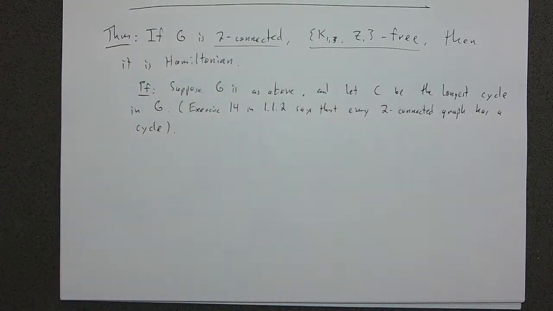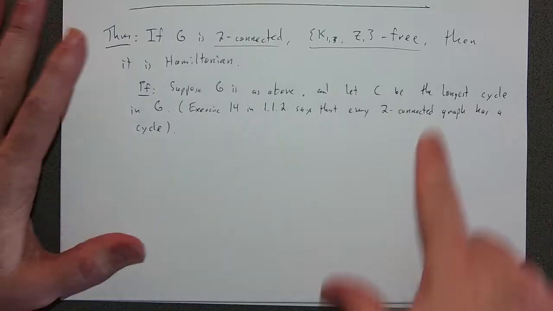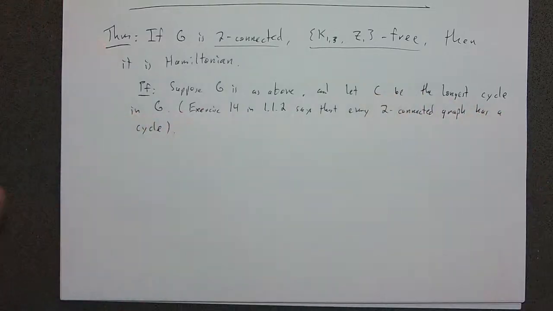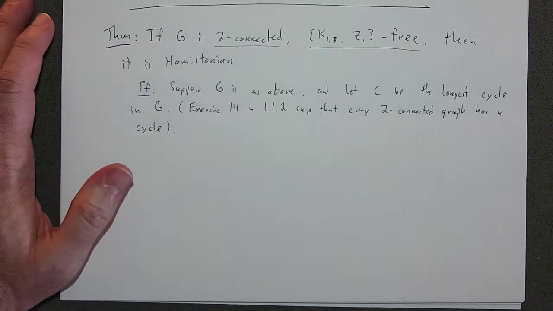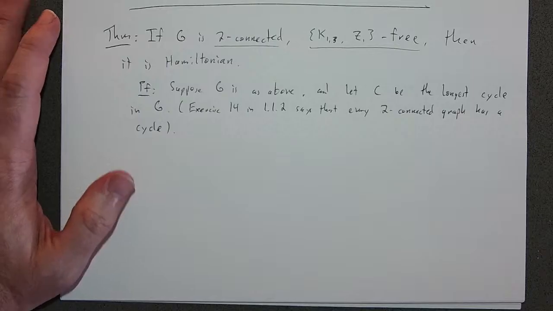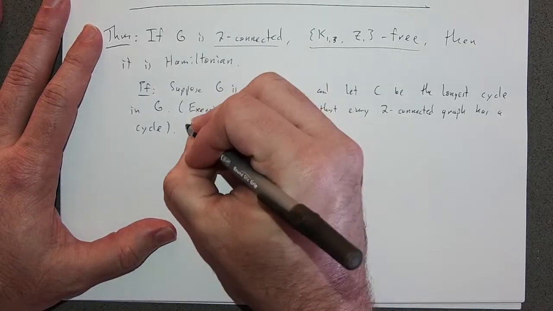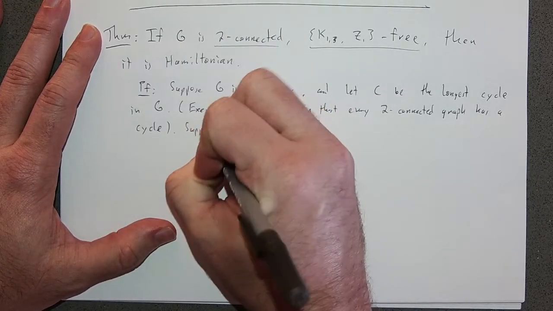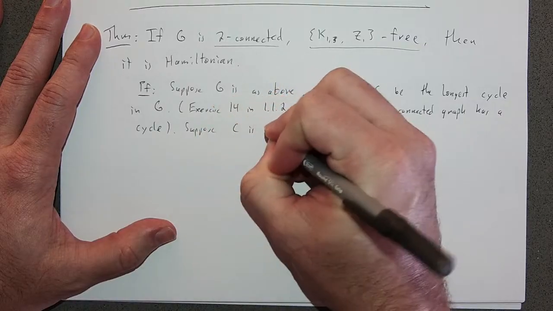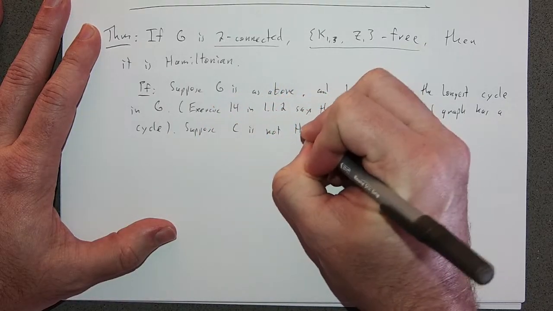Now, of course, this C, this longest cycle, maybe it's a cycle in G that spans the vertices of G, in which case it would be a Hamiltonian cycle. G would contain a Hamiltonian cycle, and thus G would be Hamiltonian. But if that's the case, then we're done. We're happy. So let's say that it's not. So suppose C is not Hamiltonian.